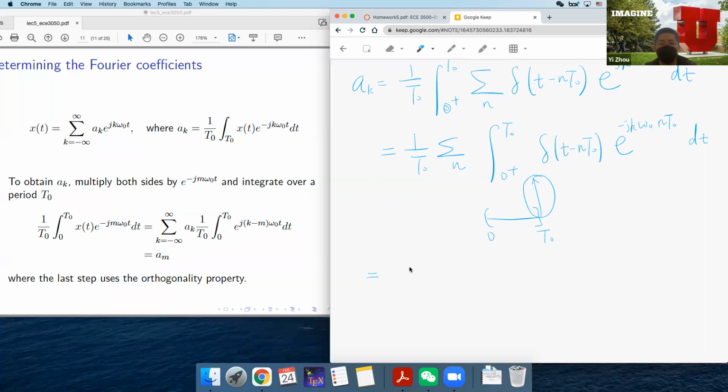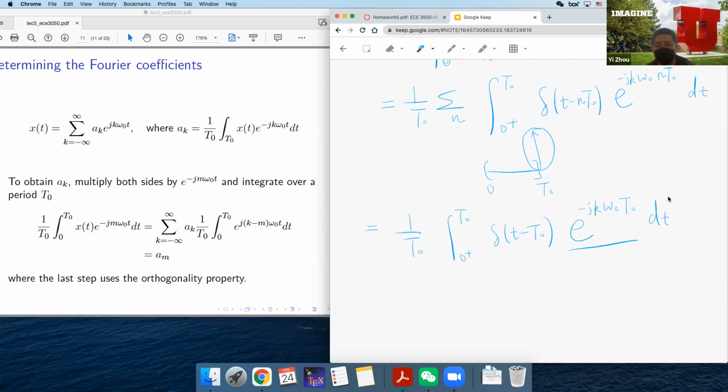So that gives us 1 over T naught. And the entire summation, we only consider one of them. So it's the integration of delta(t minus T naught) times e^(-jk omega naught t) dt, with n equal to 1.